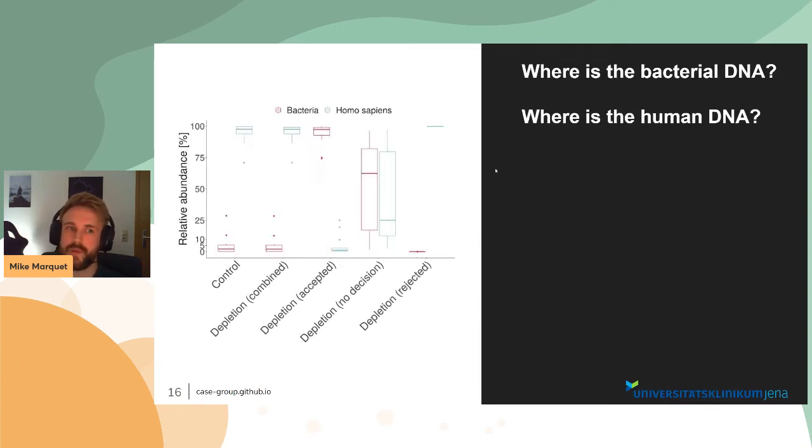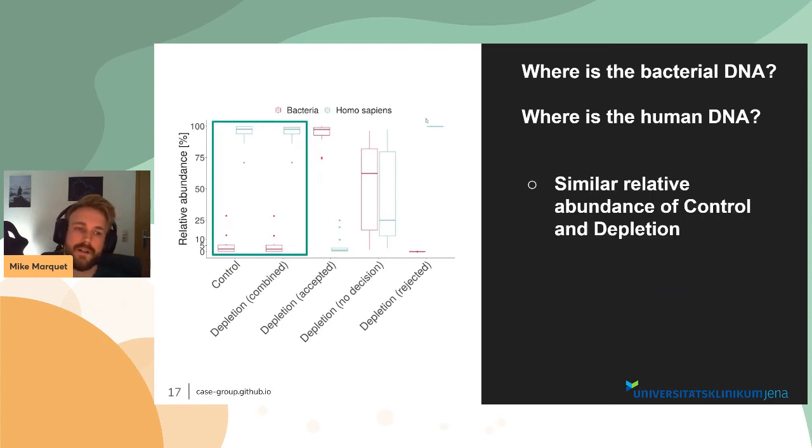Next, we were interested in where you can find the bacterial DNA and human DNA. Here again, we have the control experiment and the depletion experiment. On the y-axis, we have the relative abundance of bacterial DNA and human DNA. And you see that the fraction of human is really high in both control and depletion, and bacteria is low in control and depletion, so they are very similar.